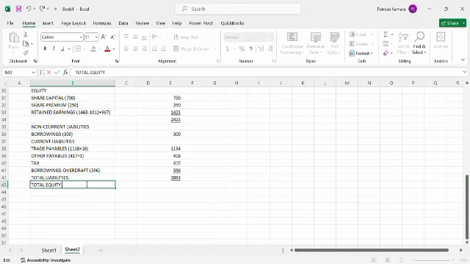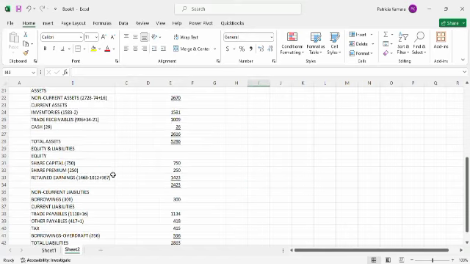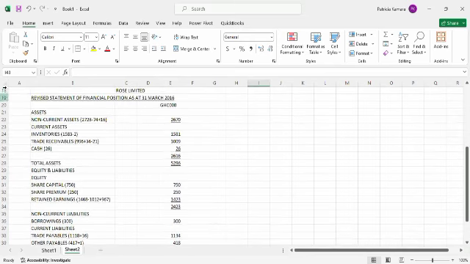So we sum up the total, okay? That will give us the figure we had, 2863, plus 2423. So that should give us 5286. Meaning our accounts balance. Our equity plus liabilities is equal to our total assets. Thank you so much. So that's the end of the question.